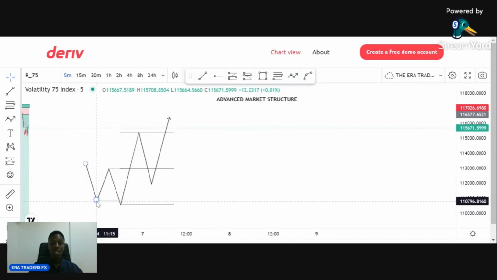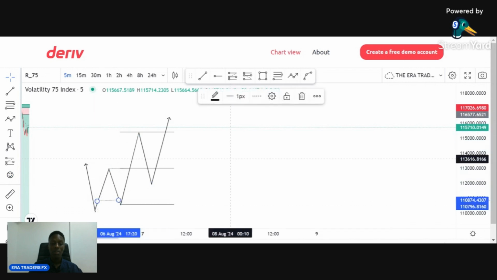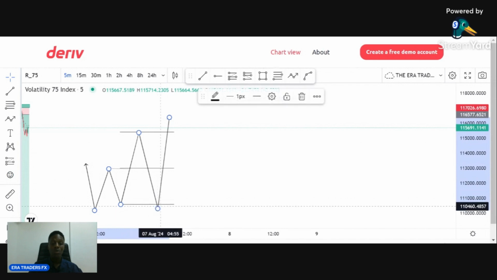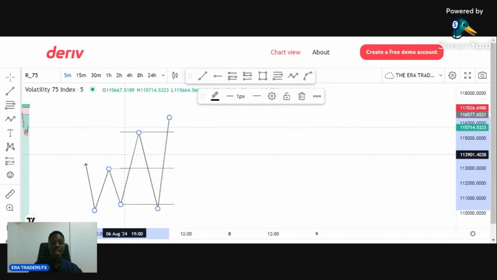If there was no sweep, let's say something like this happens, this low might not be the swing, this might not be the range, right? It might just take it out before going up. So you must always check if the low is a strong low or if the high is a strong high.